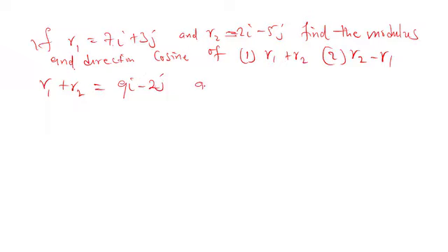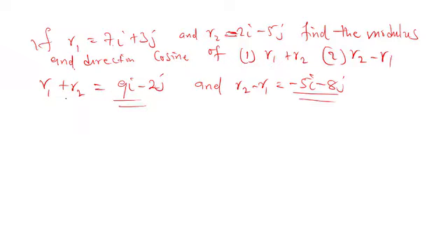Then r2 minus r1: remember there's no minus sign on r2. Now 2 minus 7 is minus 5i, and minus 5 minus 3 is minus 8j. We have these two values, so this is what we are working with. Then the question is, find the modulus and direction cosine.